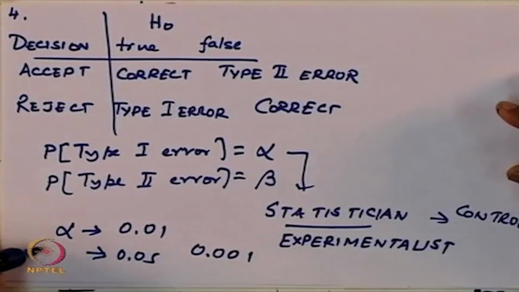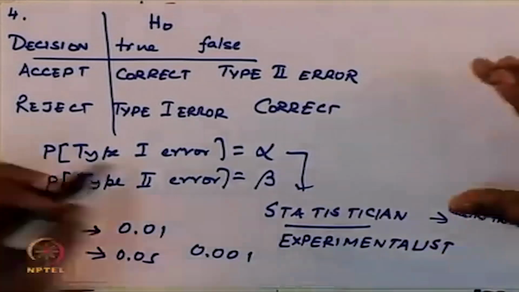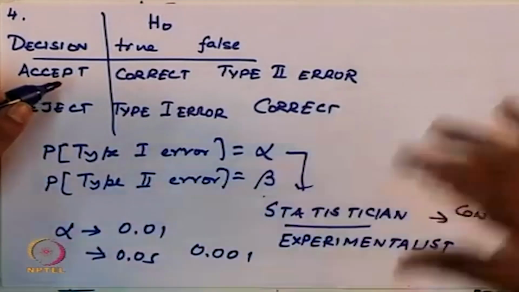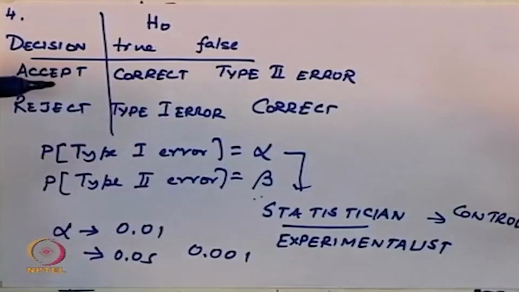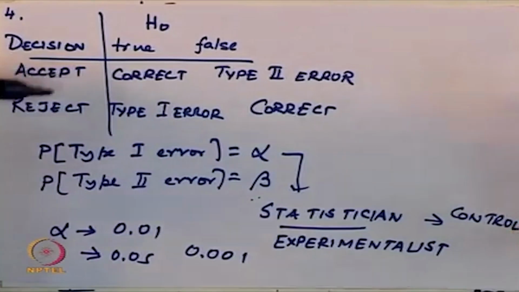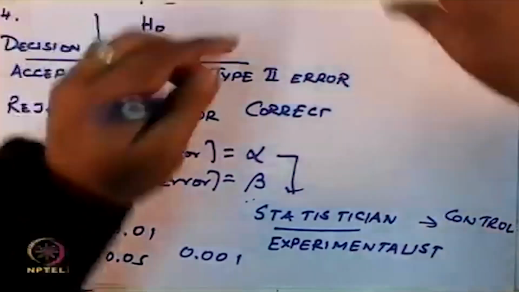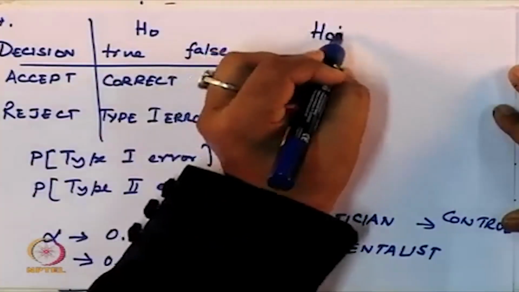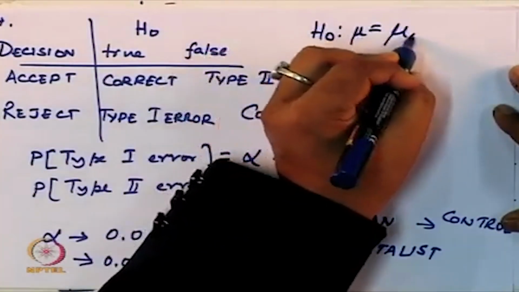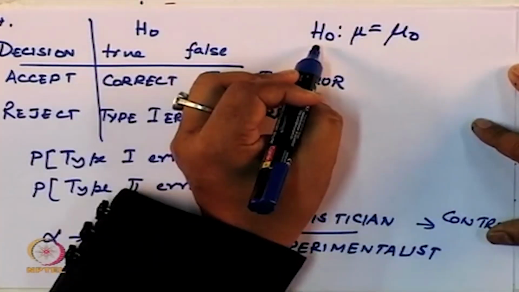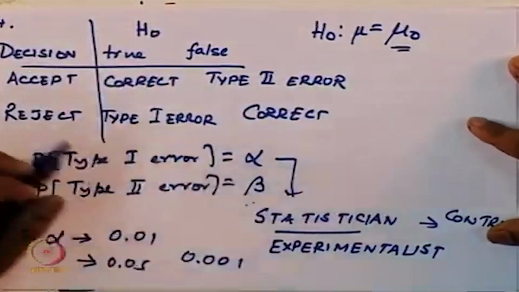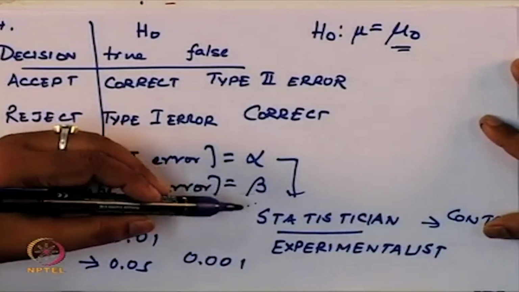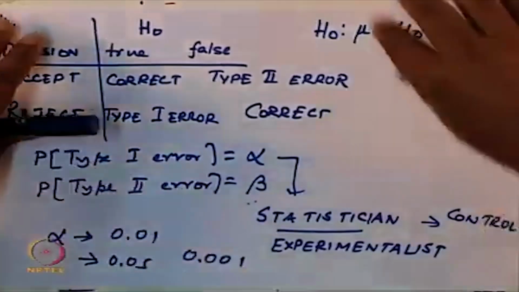So, this is in your hands, but it is very difficult to choose beta. Why? Because beta is your type 2 error, which is that you are accepting H naught when it is false. So, your H naught is mu equal to mu naught, right. If your H naught is false, you have no idea of what the value of mu is. So, how can you go about setting the value of beta? This is very difficult to know.